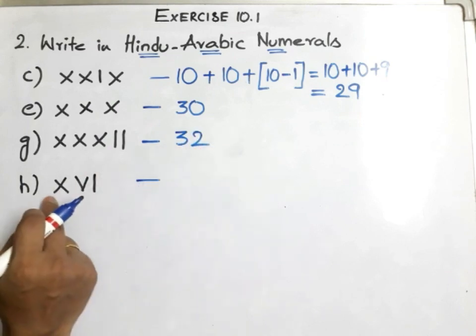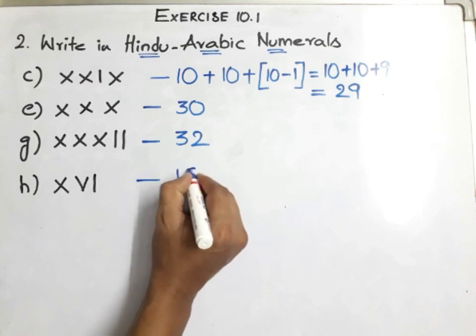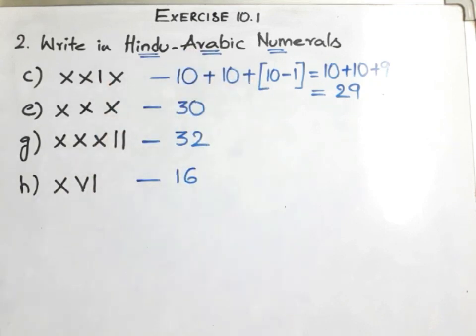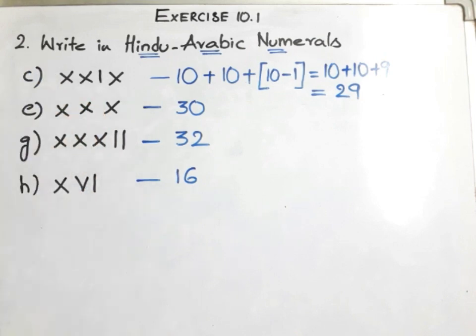This one, X 10, 10 plus 6, 16. Okay, please copy this in the CW. Here also I left some problems which you have to do as homework. Let us move to the next.